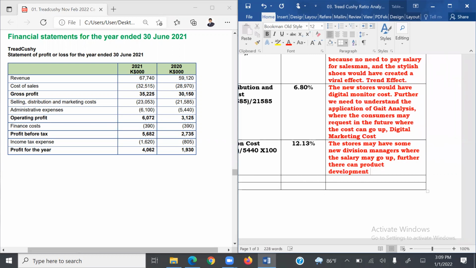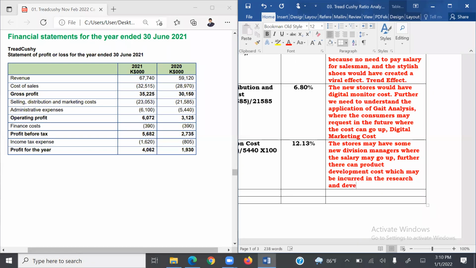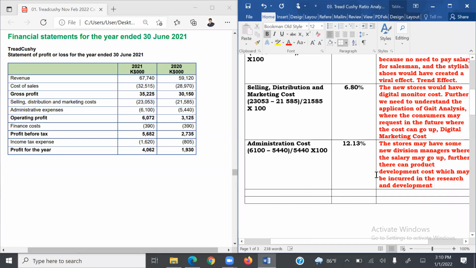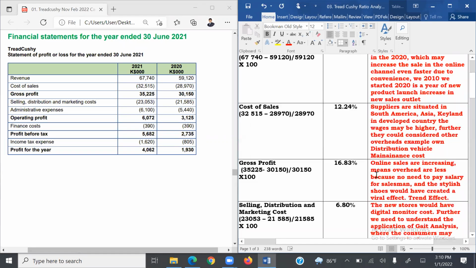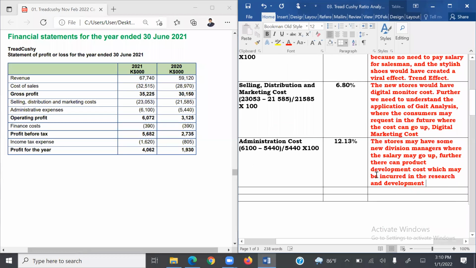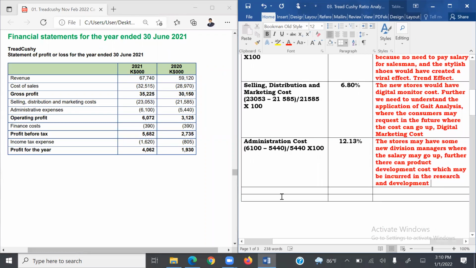It is there in the note, product development cost, which may be incurred in research and development. So that is one more factor to keep in mind. So I believe the administration function is also clear. You need to be very specific here, students. Look at the reasoning, what we are doing. We are doing all the reasoning critically, only for the business application.